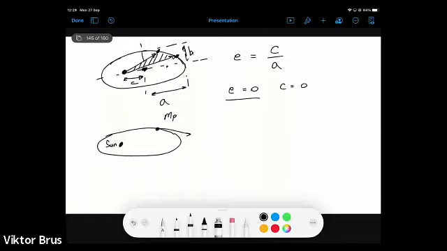So there is some velocity vector, and in order to keep this planet running on this elliptic trajectory, there should be some force, which is the gravity force, the interaction between the sun and the planet.